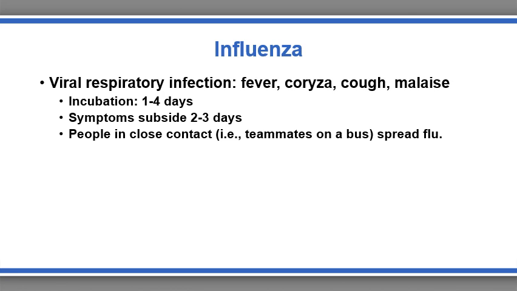People in close contact are typically how the flu tends to spread. Again, it's very contagious. For instance, in sports medicine settings, teammates who are in close contact with each other, it's very common to have that. Things like frequent hand washing and cough etiquette can really help prevent the spread of this.